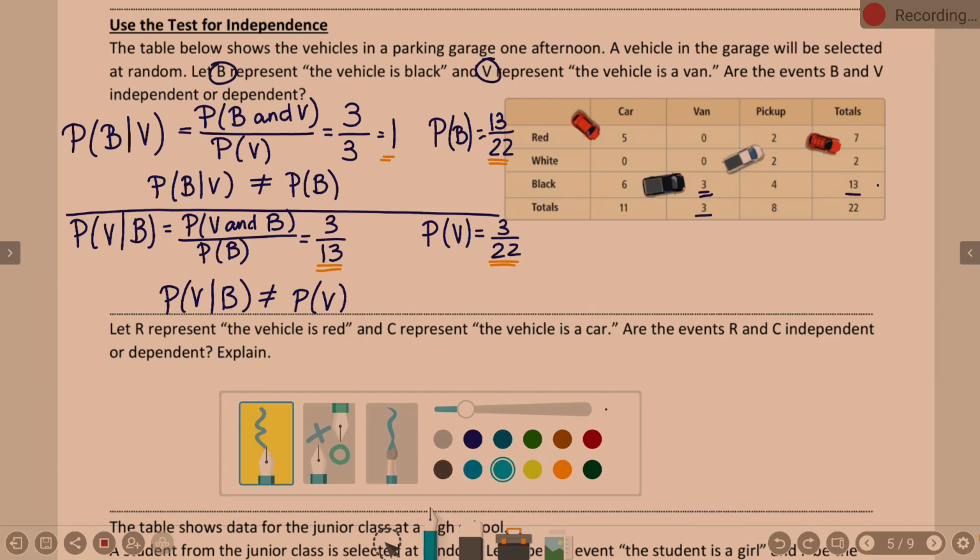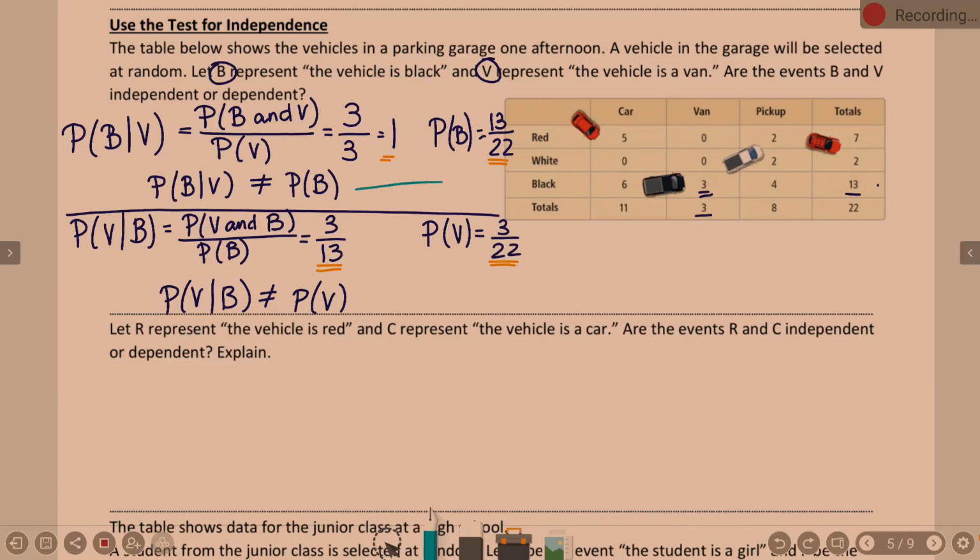Now, here's what we know. If both of those statements were true, we'd be able to say the events are independent. Since they're not true, what's the opposite of independent? Dependent. We know events B and V are dependent.